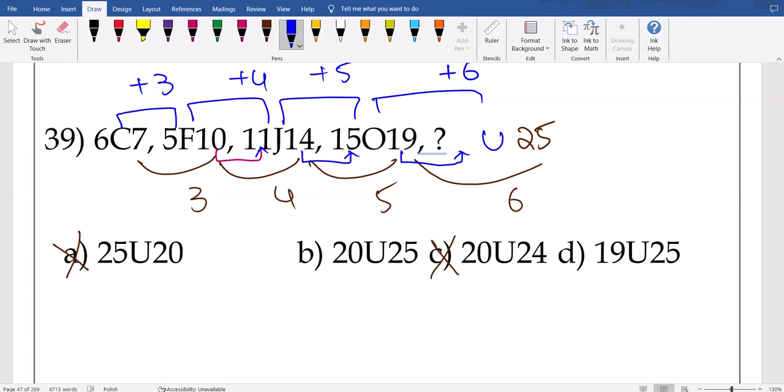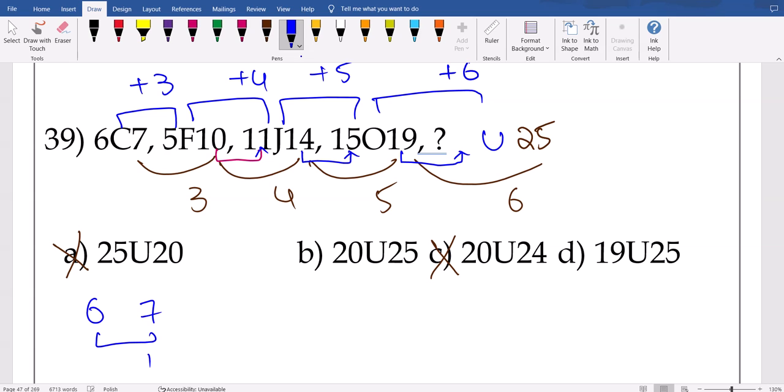Any other thought process, please? Alternate. 16 to 20. 6 plus 1, 7. Yeah. 15 and 19, 4 gap. 11 and 14, 3 gap. 6 and 7, 1 gap.